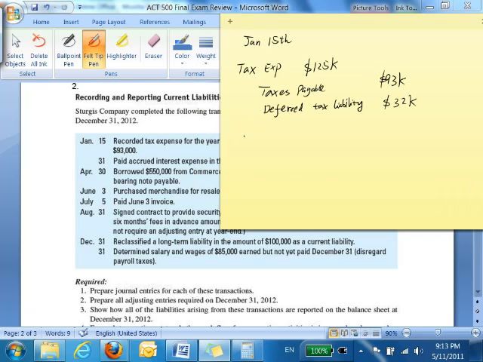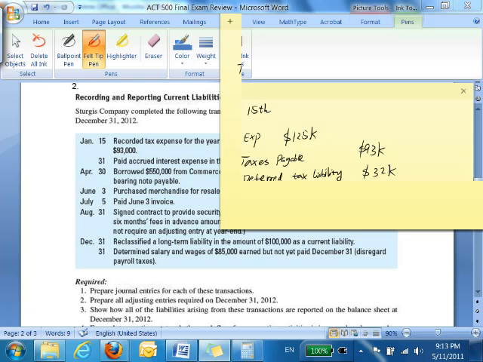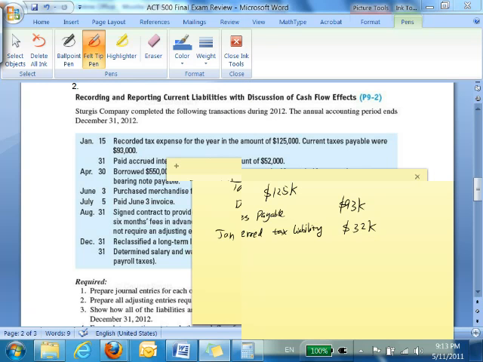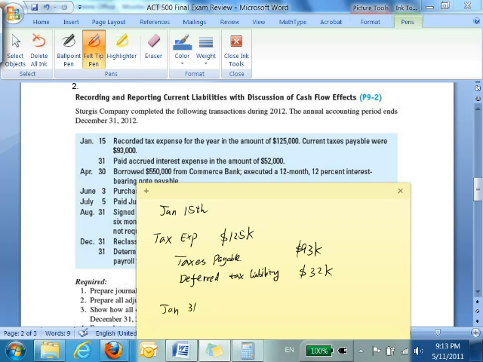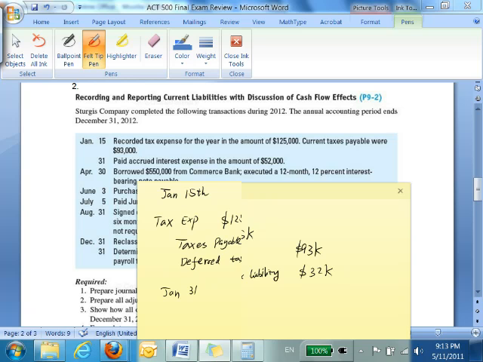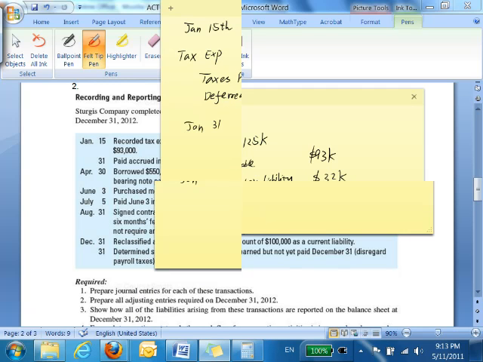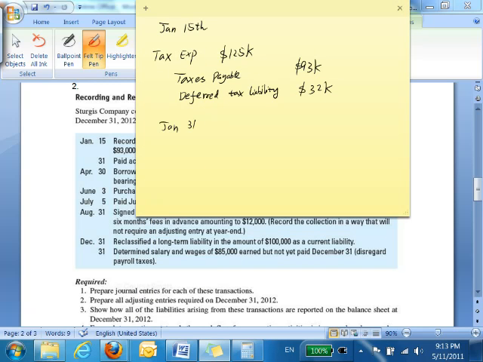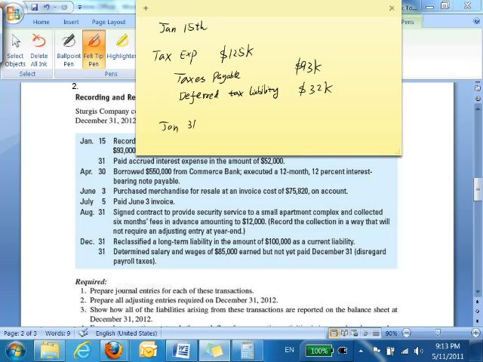Next, January 31st. January 31st, accrued interest expense in the amount of 52,000. Interest expense is paid, so interest expense is reduced, right?